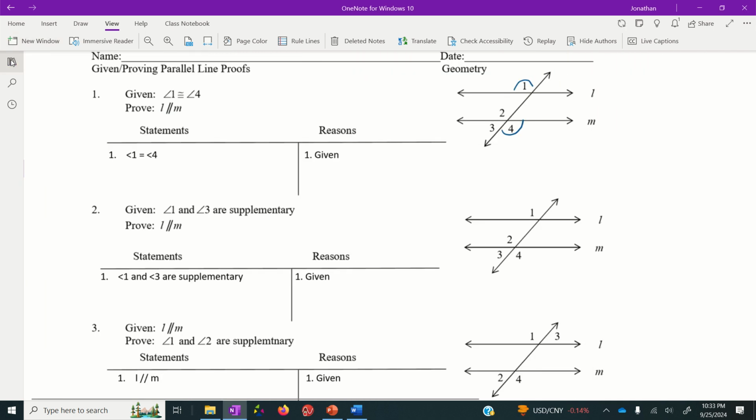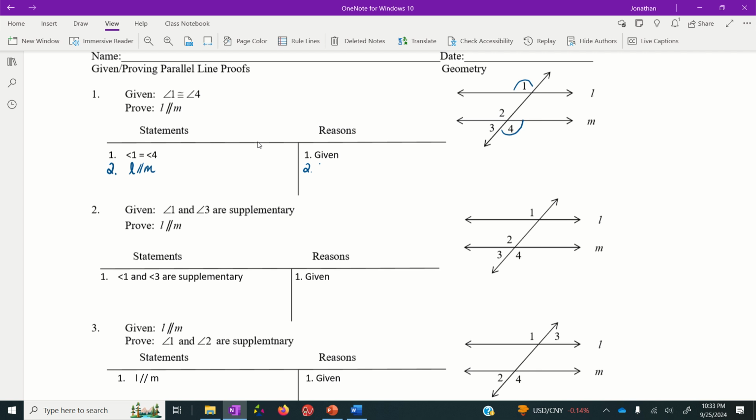Okay, so if we go back to our proof, because these are alternate exterior angles, and we know they're equal from the given, now I can say for step number 2, the proof statement, that line L is parallel to line M. Now the reason for that is going to be what type of angles they are, and because of that, the lines are parallel.